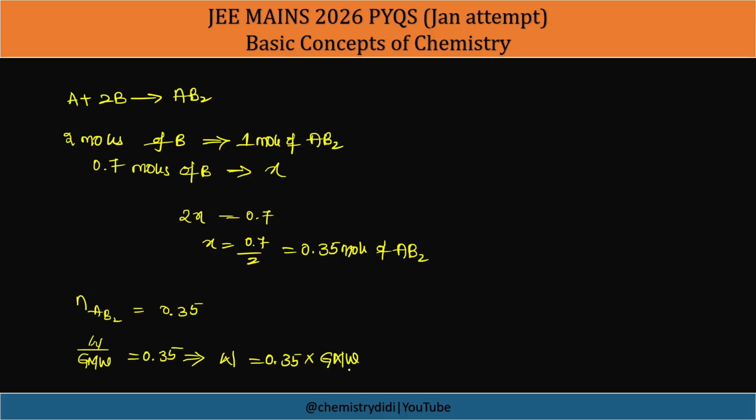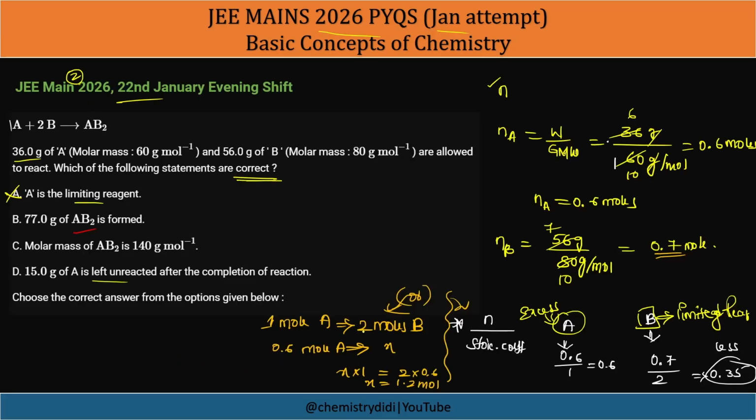So now what is the gram molecular weight? You can find the gram molecular weight of AB2, meaning the molar mass of A is 60 plus 2 times 56. So how much will you get over here? Exactly 220 gram per mole, okay.